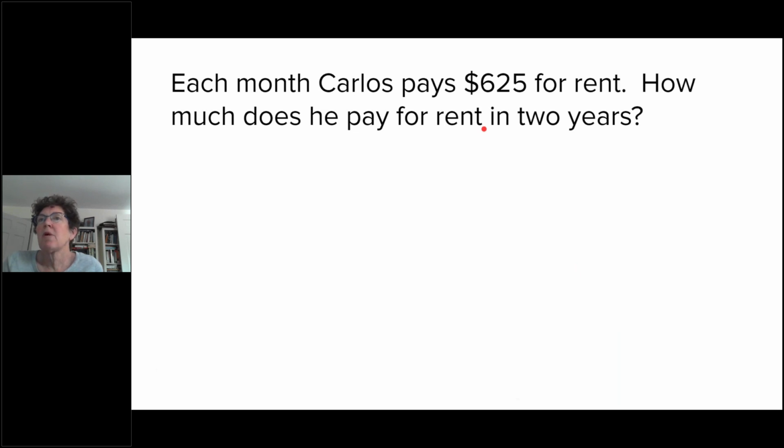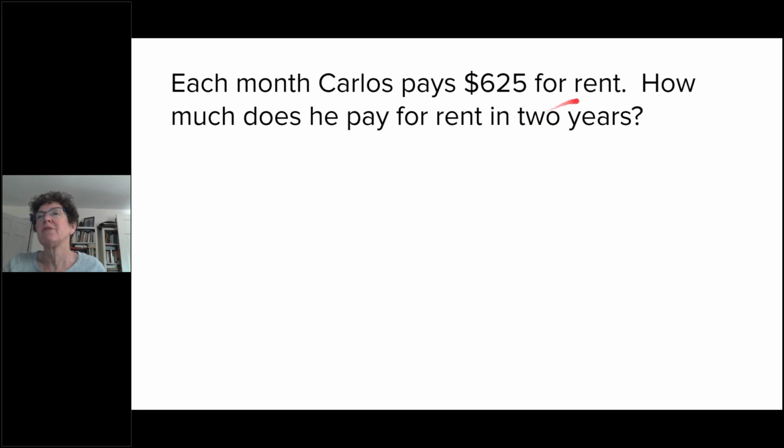Each month, Carlos pays $625 for rent. How much does he pay for rent in 2 years? Do I have equal groups? Yes. Each month, $625. That's not changing. How much does he pay for rent in 2 years?